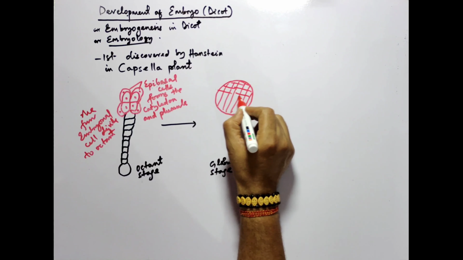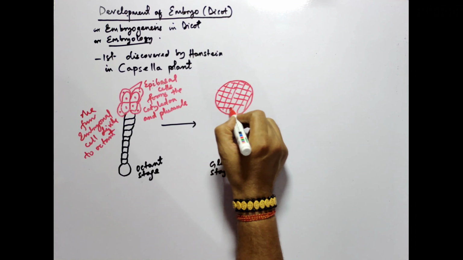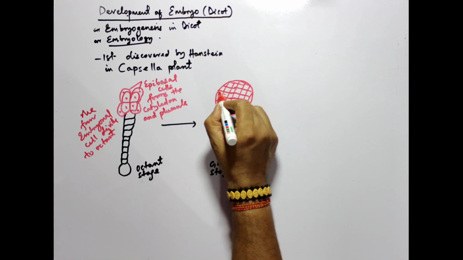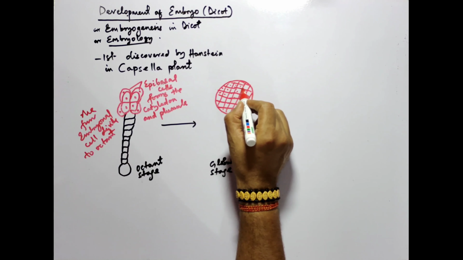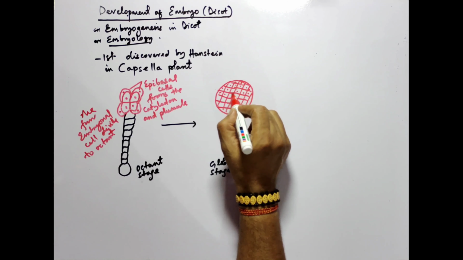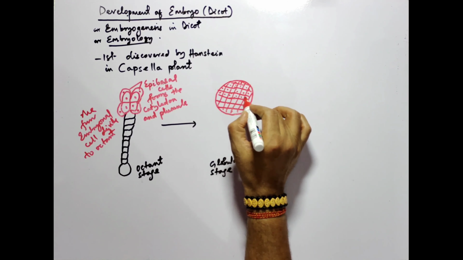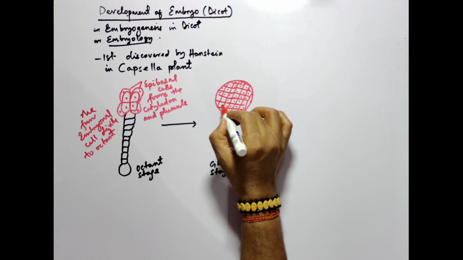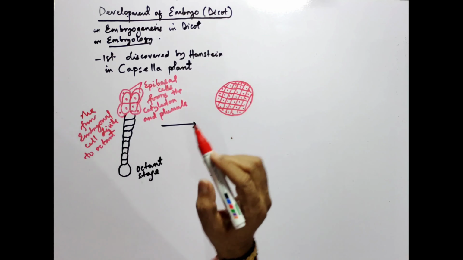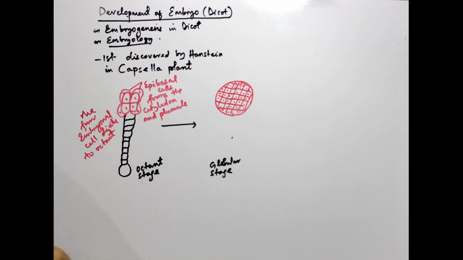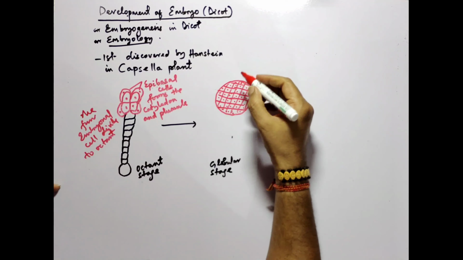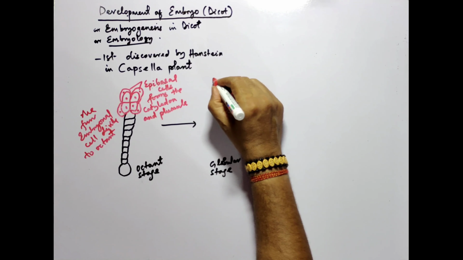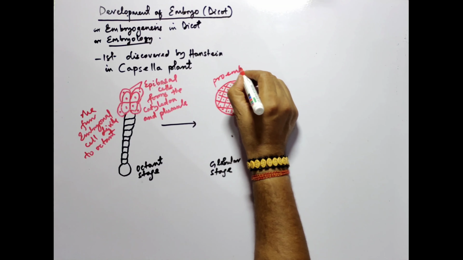Mass of cells are produced, and a globose structure appears, and this is also called pro-embryo.